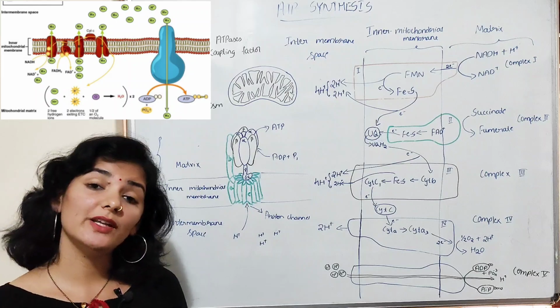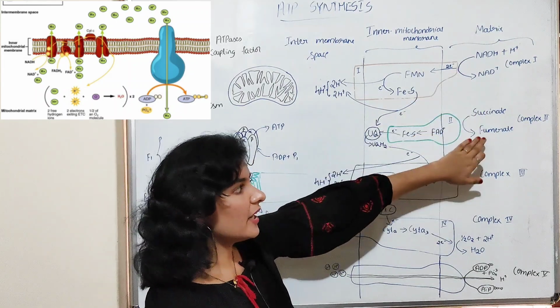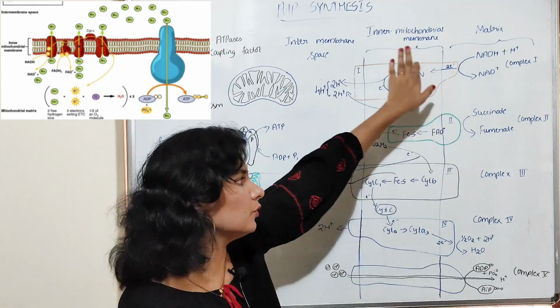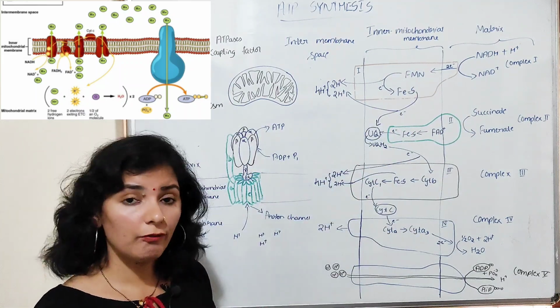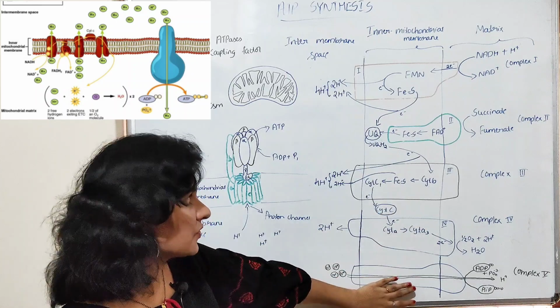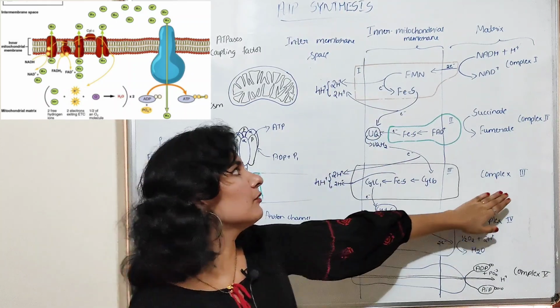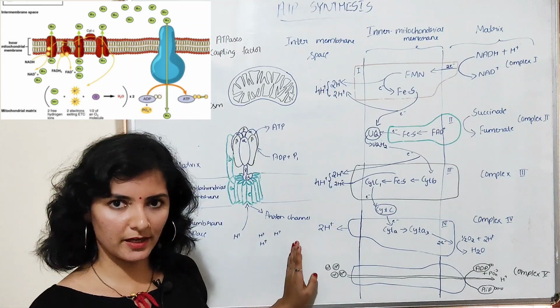In the previous video, that is in the electron transport system, you studied that NADH and FADH2 donate electrons to the electron transport system. When the electron from NADH enters the electron transport system or passes through the different complexes, 10 protons are pumped from the matrix to the intermembrane space.